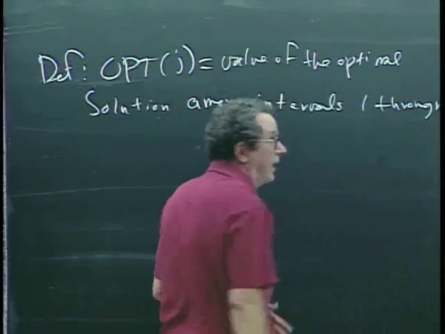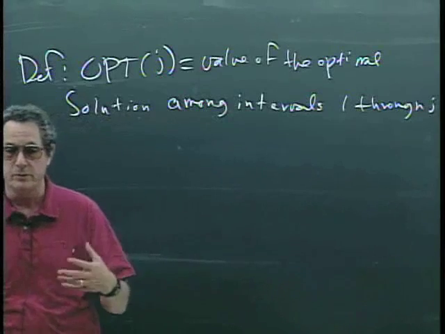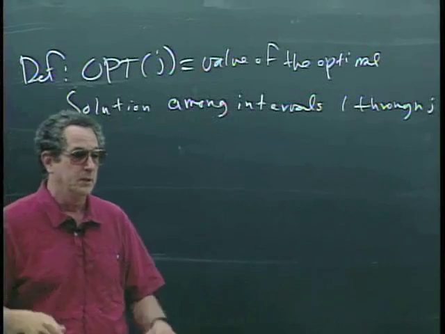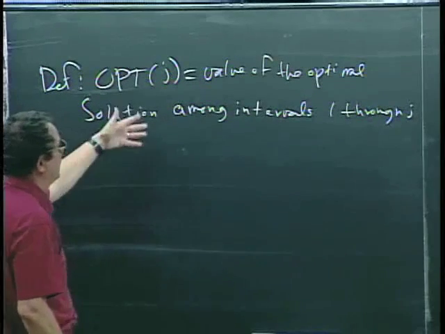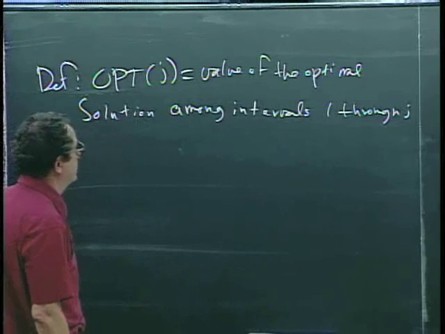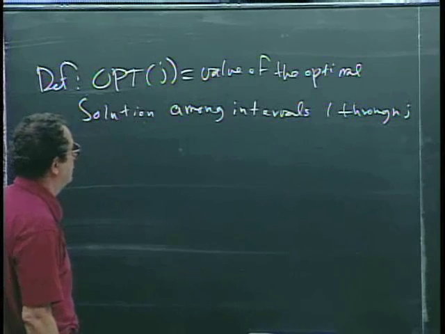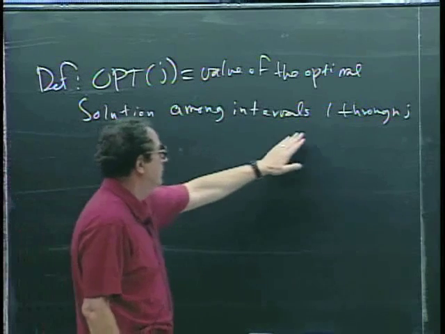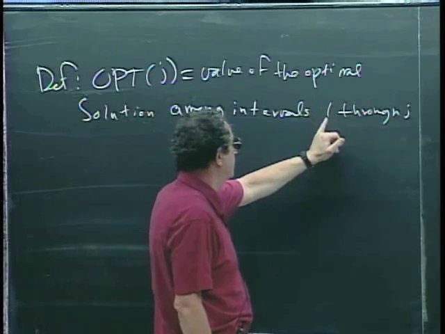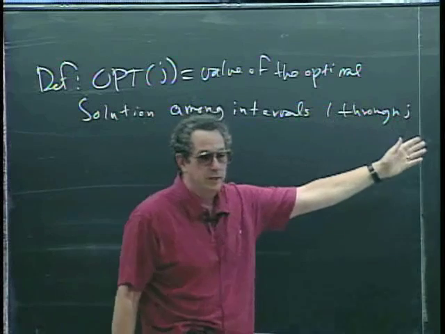So it's not that you're going to take all the intervals 1 through j, it's just that those are the ones you have to select from. There's an optimal selection of pairwise non-overlapping intervals that maximizes the weight of what you get, if you restrict attention to intervals 1 through j.